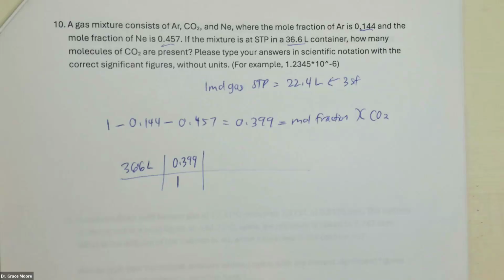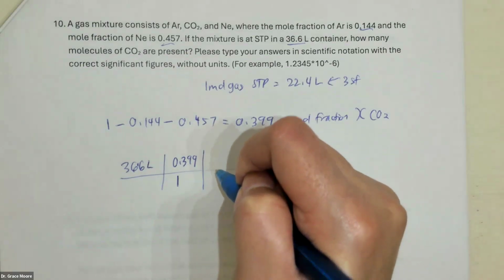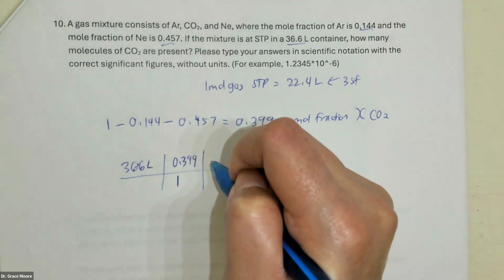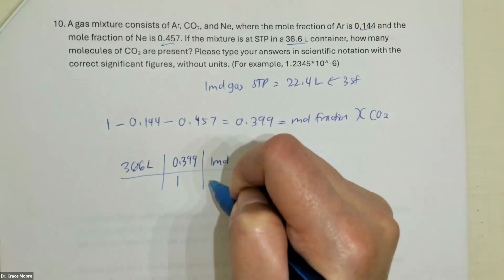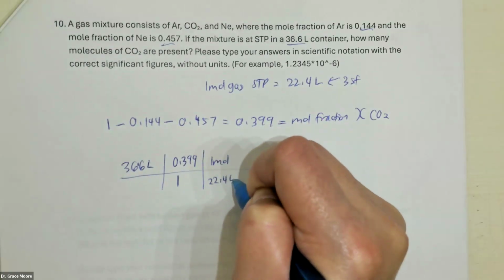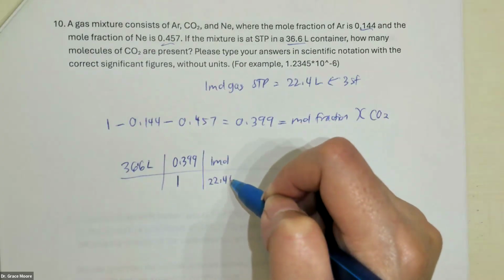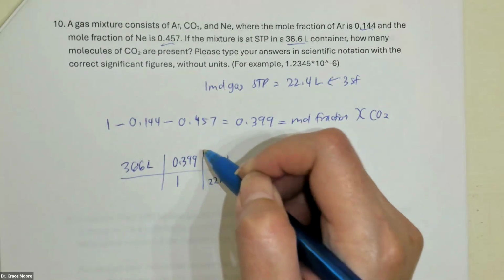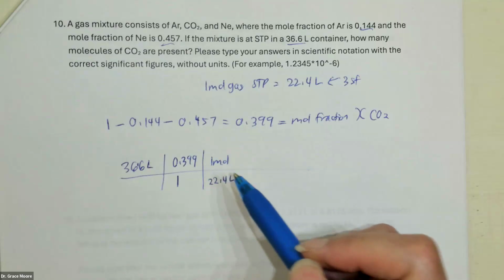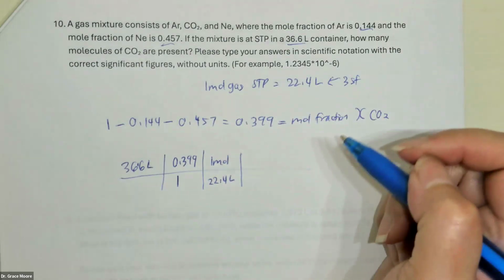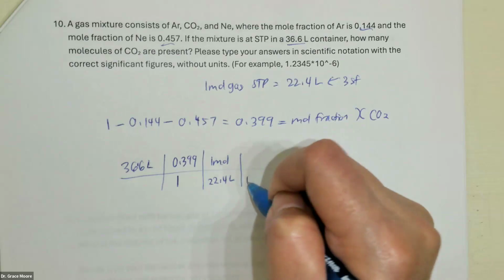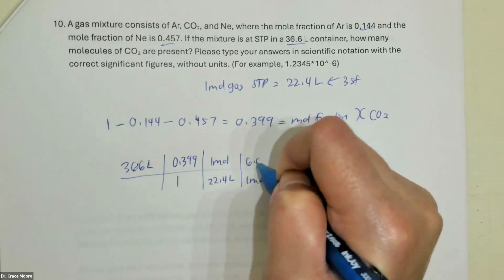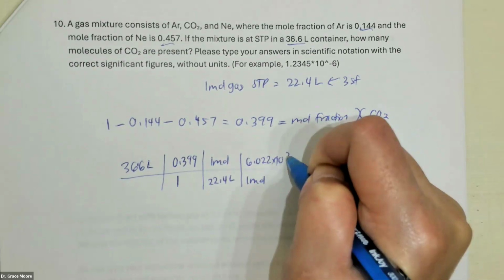Which tells us the moles because 1 mole takes up 22.4 liter. So see how the liters now cross off in the mole fraction. So you just gotta make sure you get just the carbon dioxide part. And then 1 mole of gas is 6.022 times 10 to the power 23.